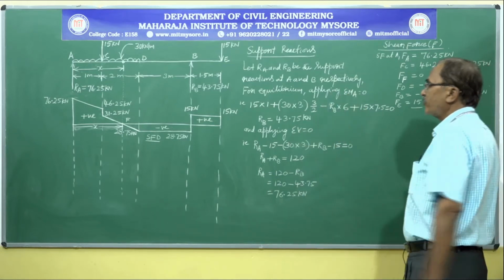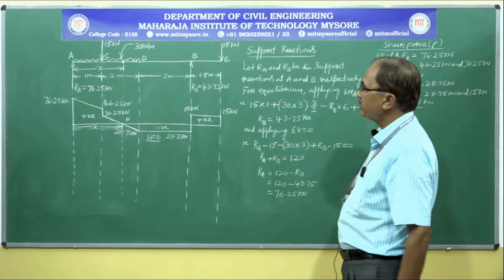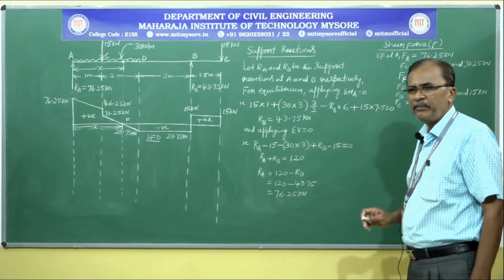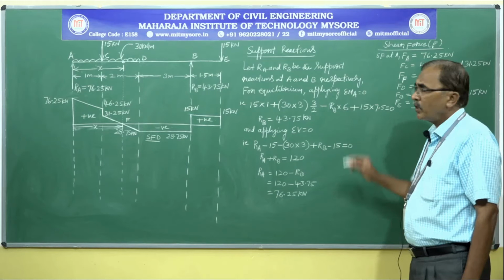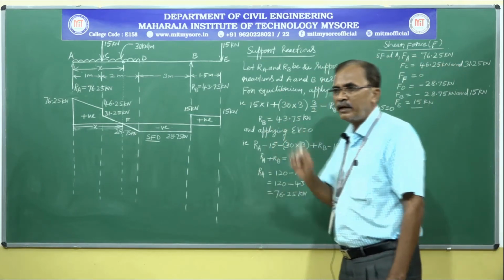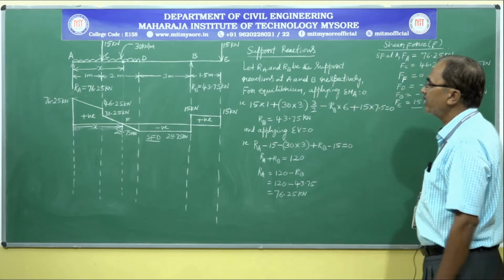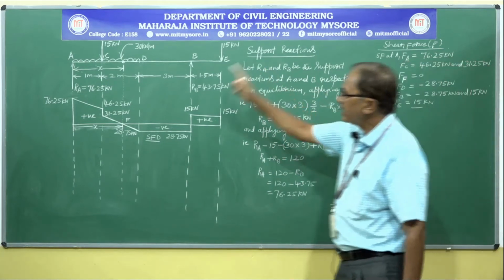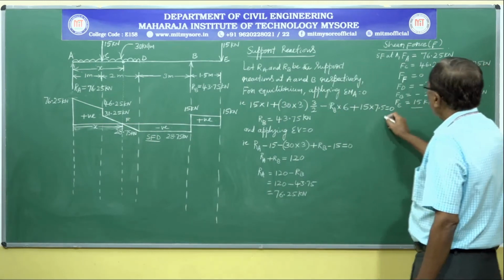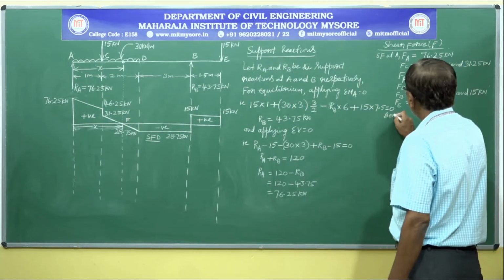After completing the shear force diagram and marking salient points, let us draw the bending moment diagram. To draw the bending moment diagram, we cannot draw the diagram directly. We need to calculate bending moments at various salient points, including the recently located point F. Now calculate bending moments one by one.